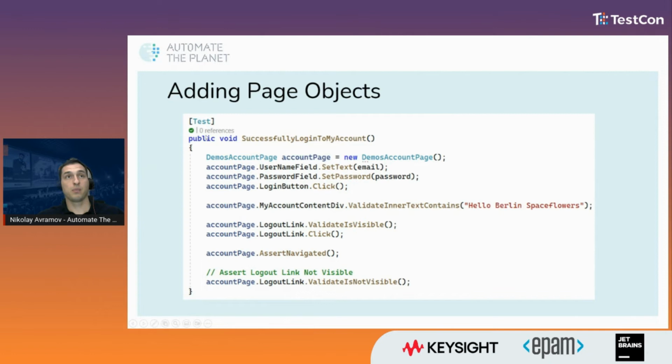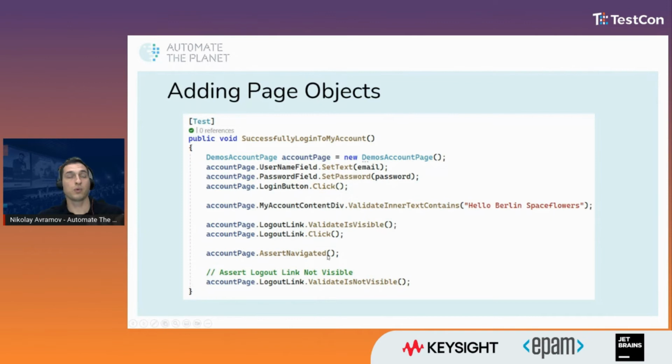This way, the tests became pretty short, and we can see clearly what we're trying to do. But also on top of this, when we work with multiple pages, executing some system tests, we can easily track what page is doing what and what scenarios are happening on which page. This also gives us some advanced methods like assert navigated.